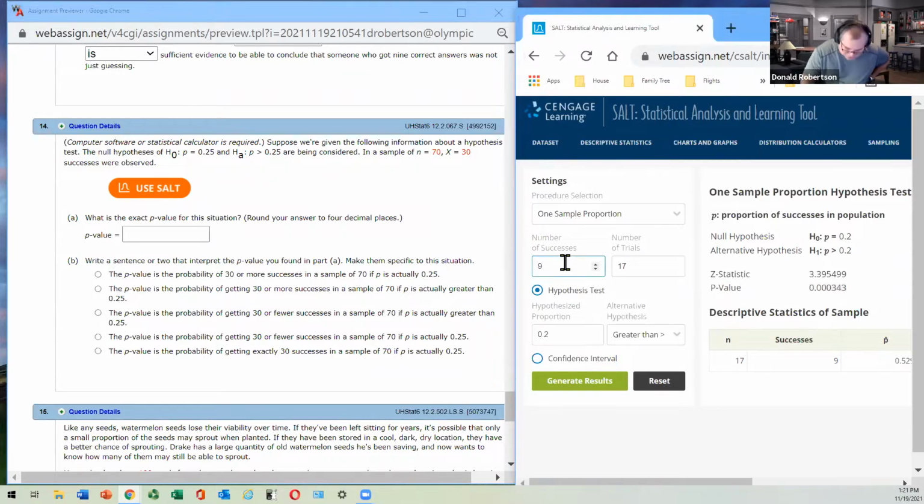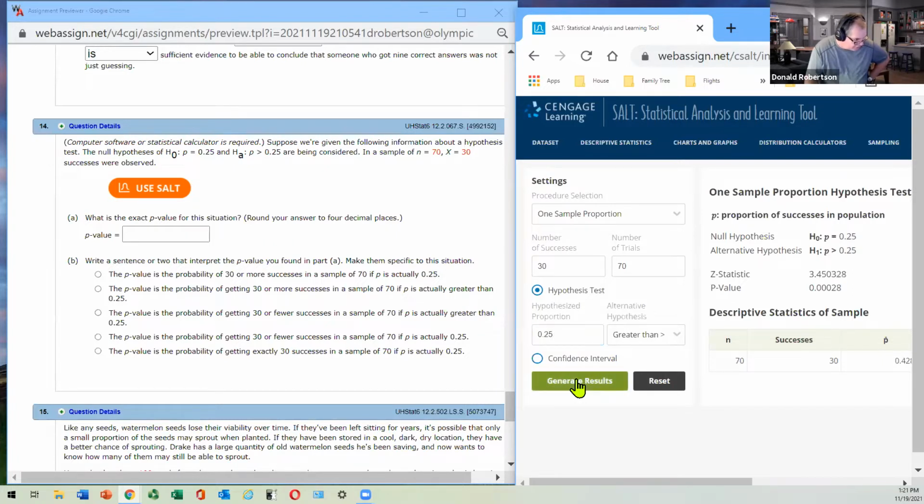So in this story, 30 people out of 70 got whatever it is correct. And the P0 is 0.25. And the alternate is another greater than, so I can leave that alone.